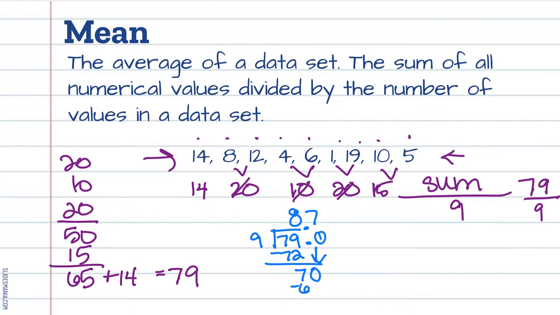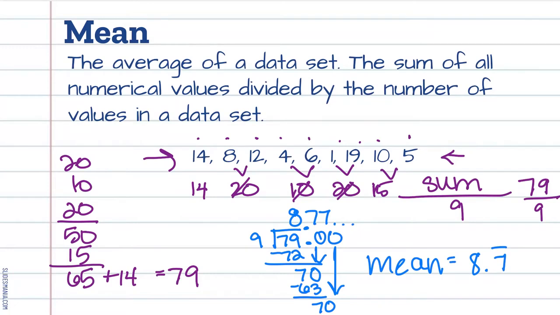So I take away 63 and I'm left with another 7. When I add my 0, I bring it down and I see that I have another 70. What this means is that I'm going to keep getting 7s as my remainder. So my mean, or my average, will be 8.7 repeating. The bar on top means that that value is repeating.